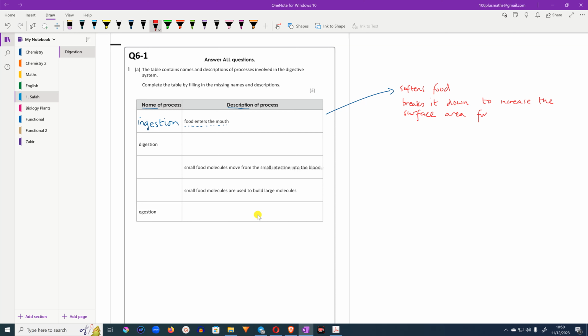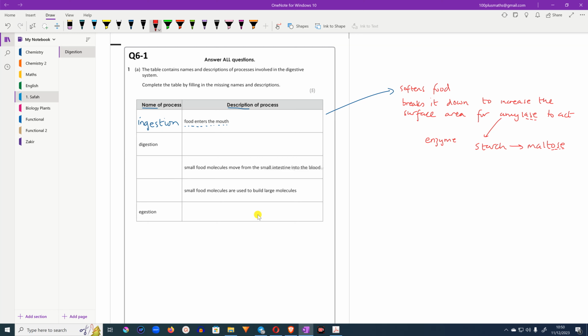Right, for what? For the amylase to act. And what did we say amylase was? It's an enzyme which breaks down starch into maltose. Remember, ose is a sugar, ase is an enzyme generally.